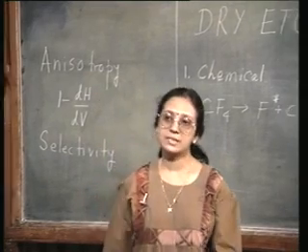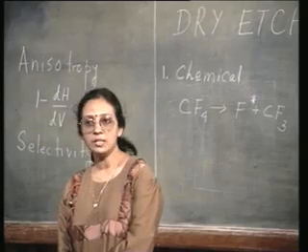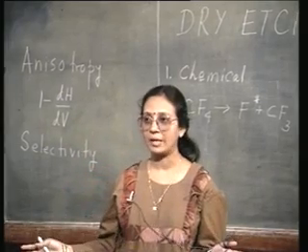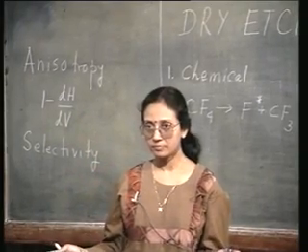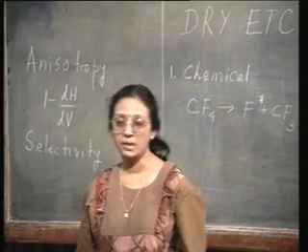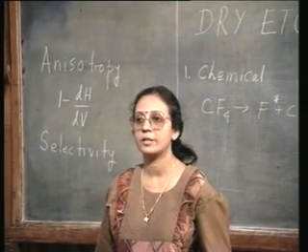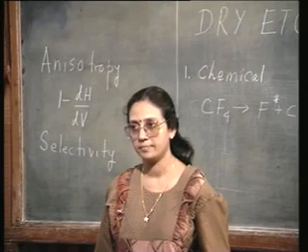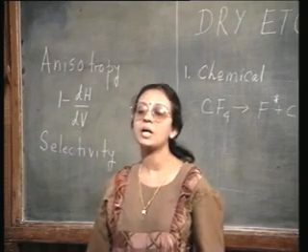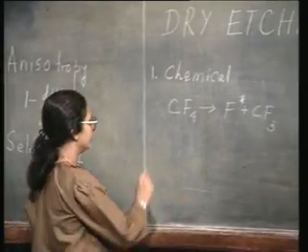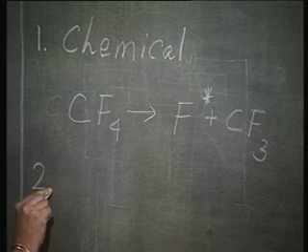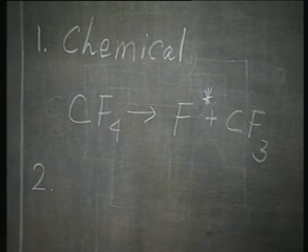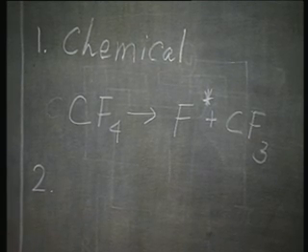So, this is one end of the spectrum of etching mechanisms possible with plasma, that is, chemical etching. Let us go to the other end of the spectrum, and as opposed to chemical etching, I should call it physical etching, right.